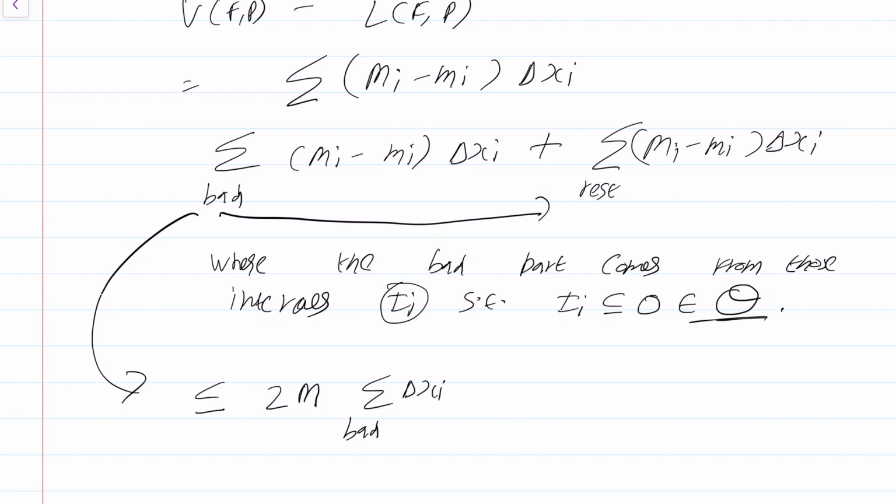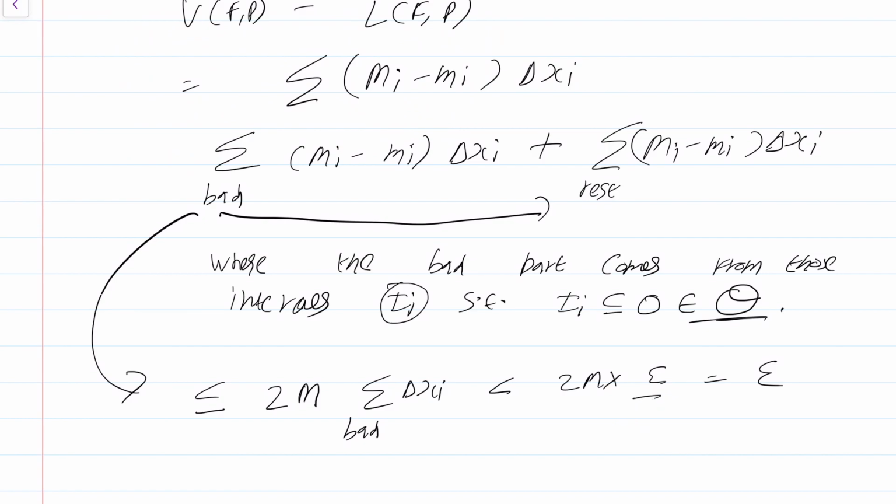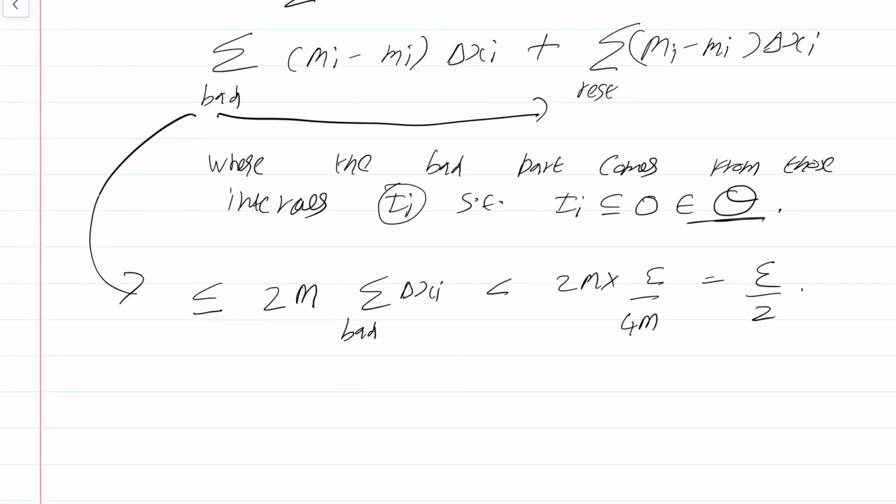Well, M_i minus m_i can at the max be 2m, where m is the supremum of mod f(x) on the whole interval [a,b]. And this we already know is less than 2m times epsilon by 2m, which is equal to epsilon. Actually, I think I made it 4m, I made it 4m for precisely this reason, which is epsilon by 2. So we have controlled the first term, the bad part, by controlling the behavior of delta x_i.